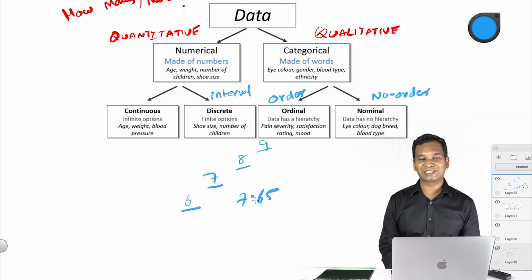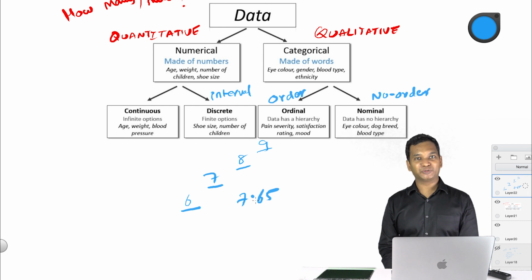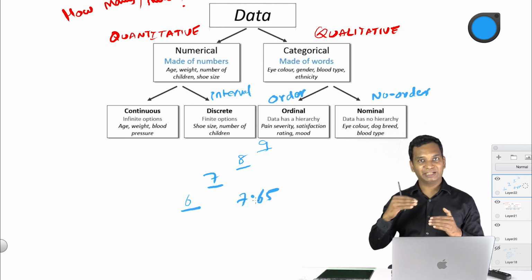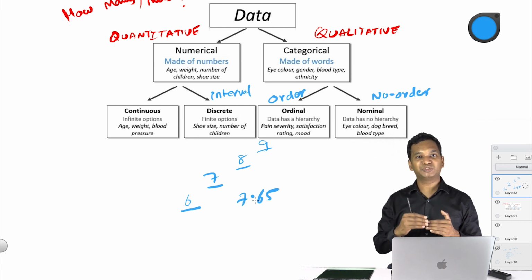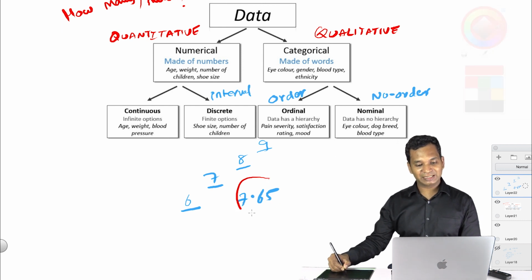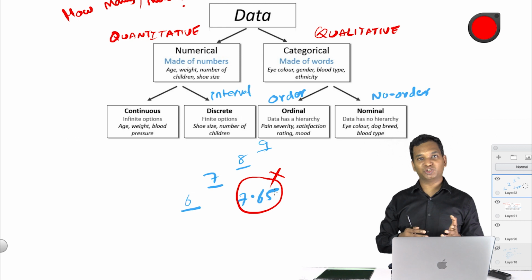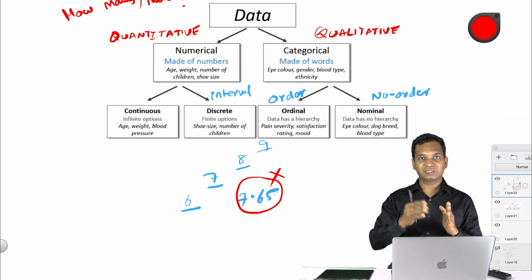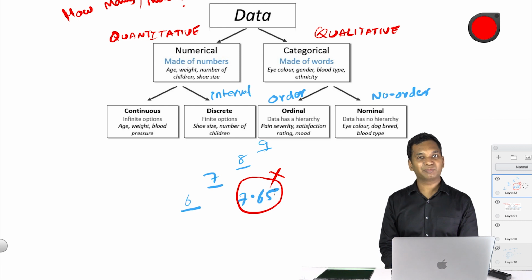You don't have a size of 7.65 because that is invalid data for shoe size. Shoe size has predetermined interval values, so only those values make sense. This kind of thing is called discrete data because it only assumes discrete values. It's also called interval for the same meaning.